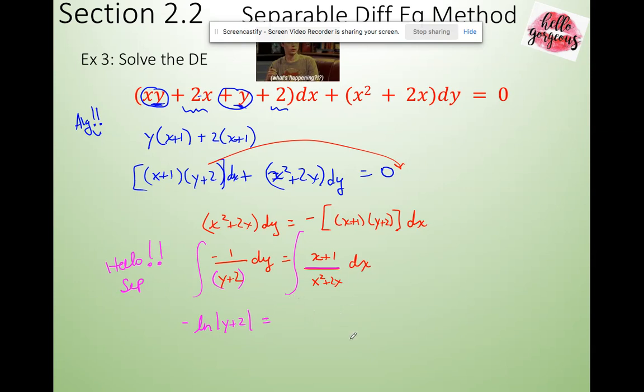Would U substitution work? What do you think? I have a clue that U substitution might work because I have one group that is a power of 2 in it and one group that has a power of 1. So maybe try. Ah, right.